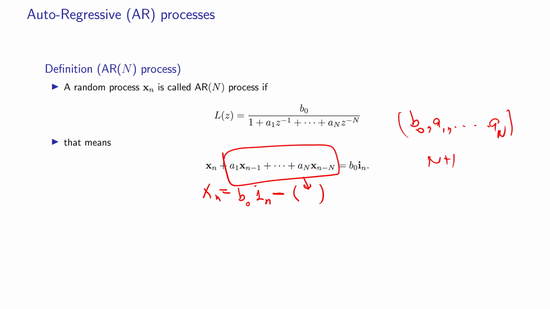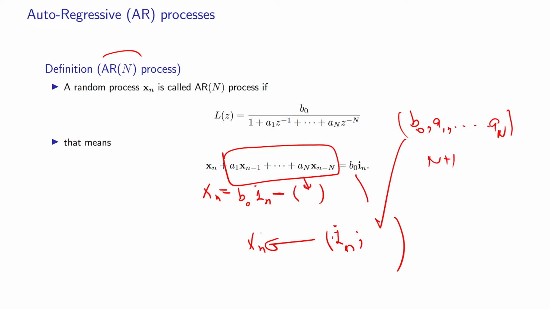So an AR-N random process has n plus 1 parameters, and you can calculate X of n if you have I of n and if you have these parameters. Using this equation you can calculate X of n.